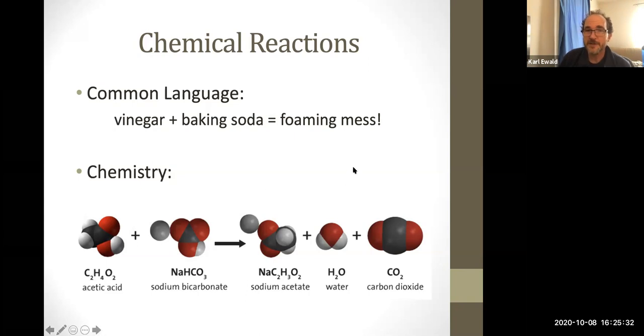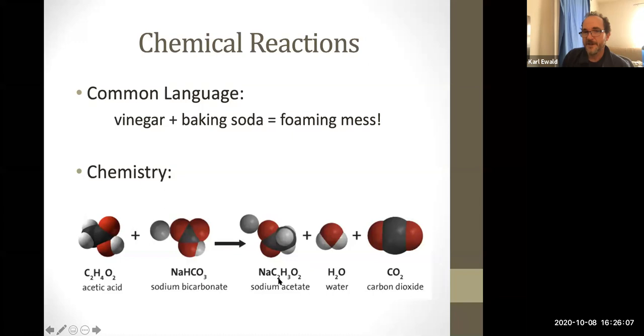But if we want to know what's really happening on the chemistry level, what we have is acetic acid, and it has this kind of three-dimensional shape, combining with sodium bicarbonate, and the atoms swap around. They change. You can see in this molecule, the sodium acetate molecule, how that might have come from the other molecules here and how they're swapping parts and how this water molecule gets split off.